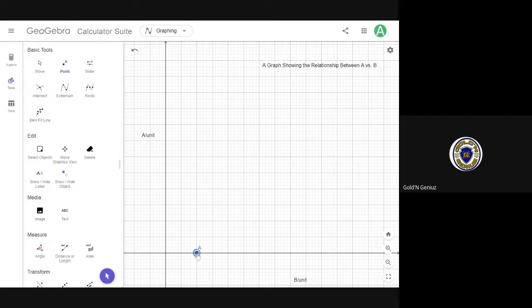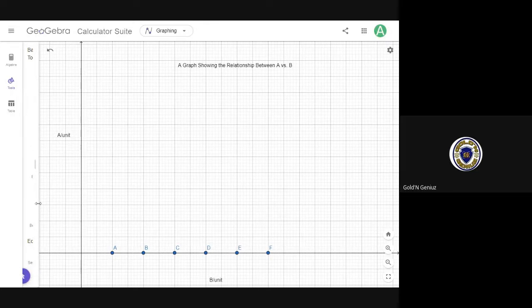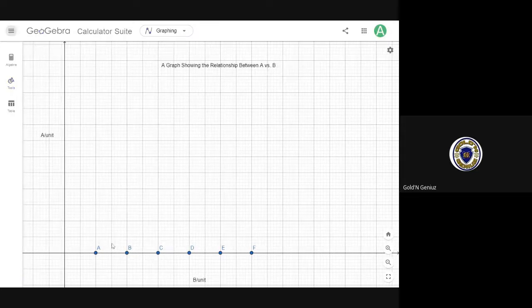So we say 1, 2, 3, 4, 5, 10, 20, 30, 40, 50, 60. All right. We see we're going a bit wider than before. We have like 10, 20, 30, 40, 50, 60.